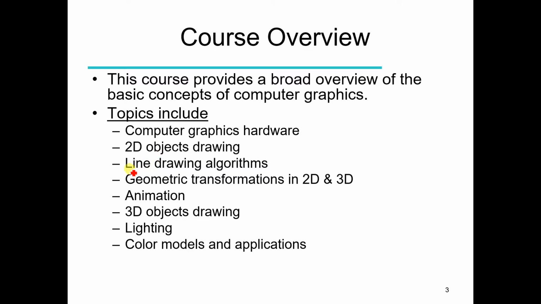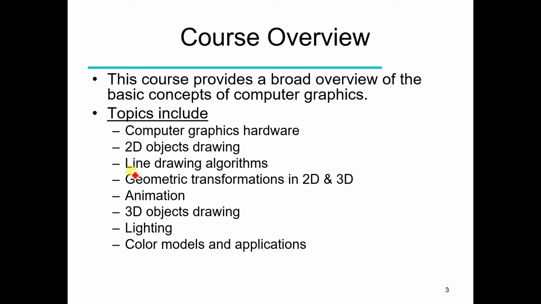There is a classic algorithm in computer graphics which is called the Bresenham line drawing algorithm. We are going to discuss this algorithm. This algorithm is important in the sense that it was one of the earliest algorithms by which we can draw a line on the screen.